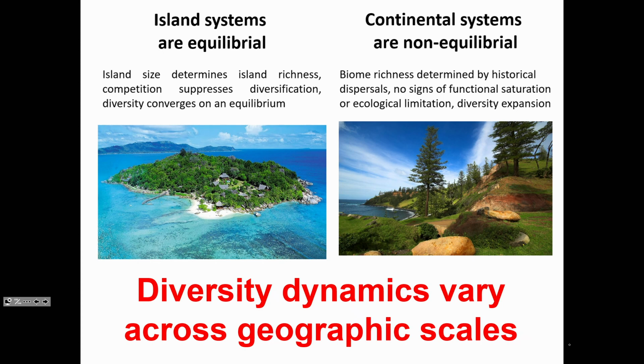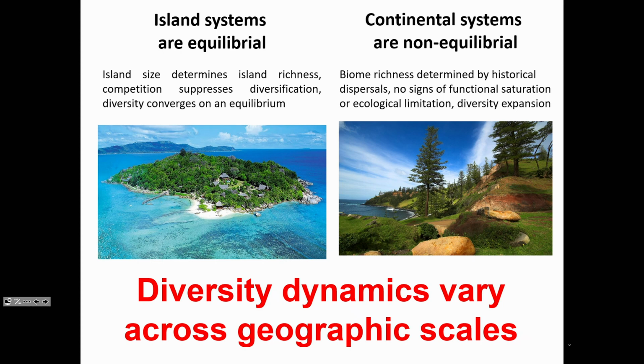I would therefore summarize that the island systems seem to be equilibrial. The size of the island determines island richness. Potentially, competition suppresses diversification, and diversity converges on an equilibrium. The continental systems follow very different dynamics. So here it's really the environmental factors, the size of the island, that determine diversity, deterministically.